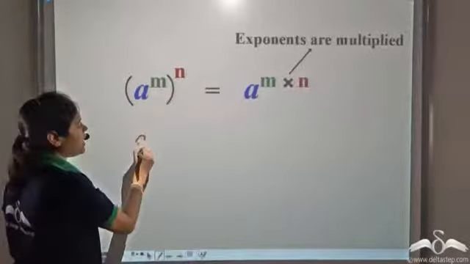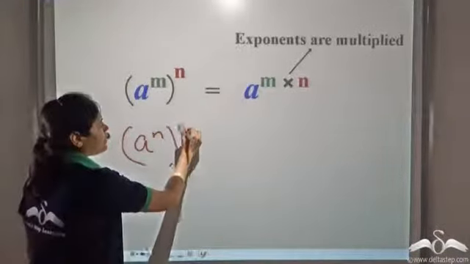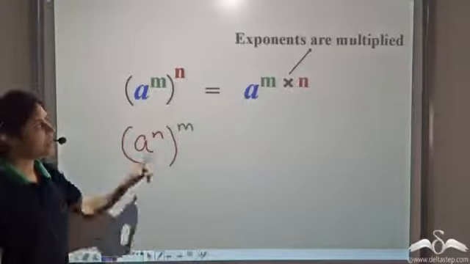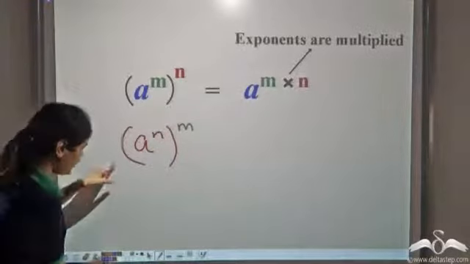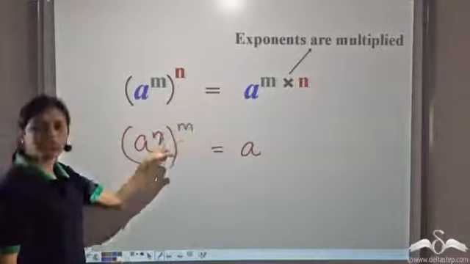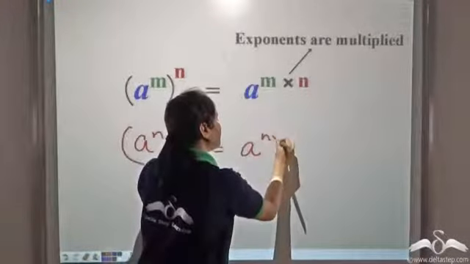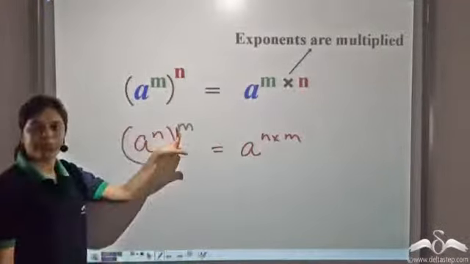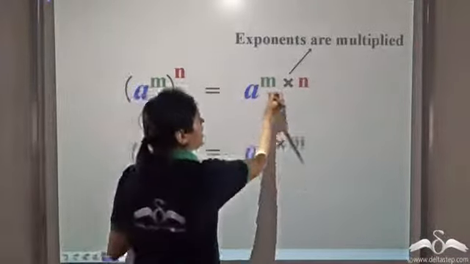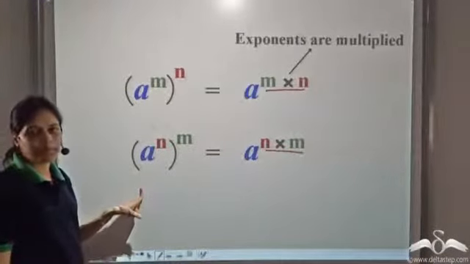Now what if we have a to the power n whole raised to the power m? If we have the other way round, let us apply this law again. This will give us a to the power, the product of these two powers, that is n into m. This is what we have. Now, m into n is the same as n into m because multiplication is commutative.